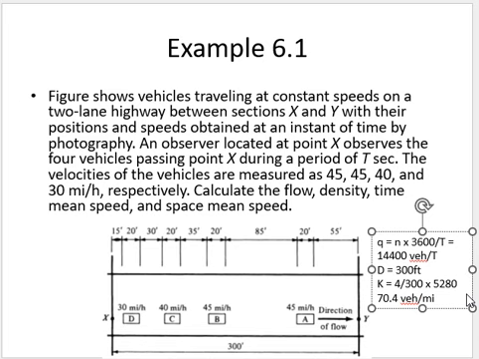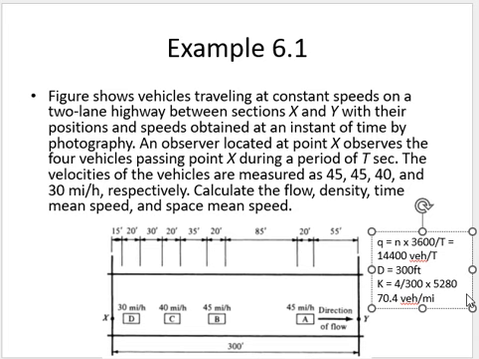The next two things are easy, right? Time mean speed, you will take what? Simple average, simple mean, and for space mean speed, harmonic mean.